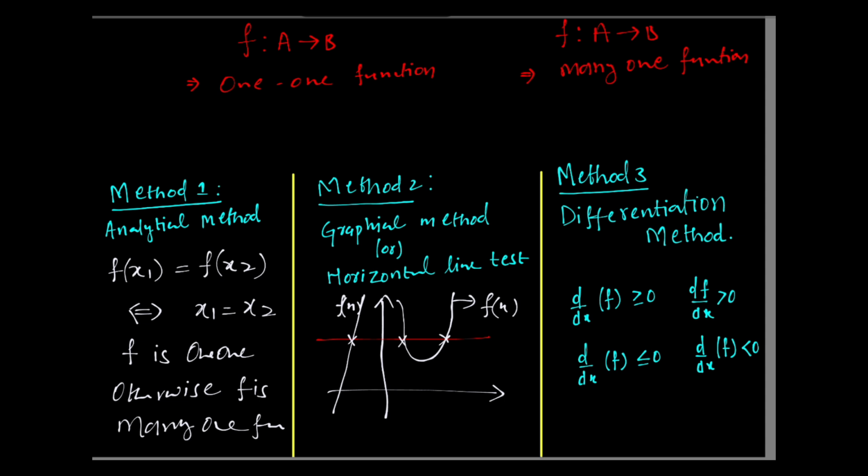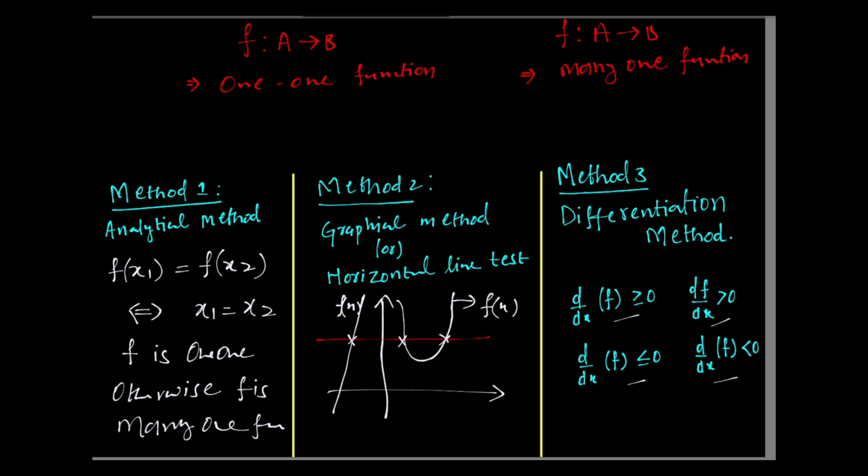The third method is the method of differentiation, in which we check whether the function is strictly increasing or monotonically increasing, strictly decreasing or monotonically decreasing. In any of these cases, the function is said to be one-one.